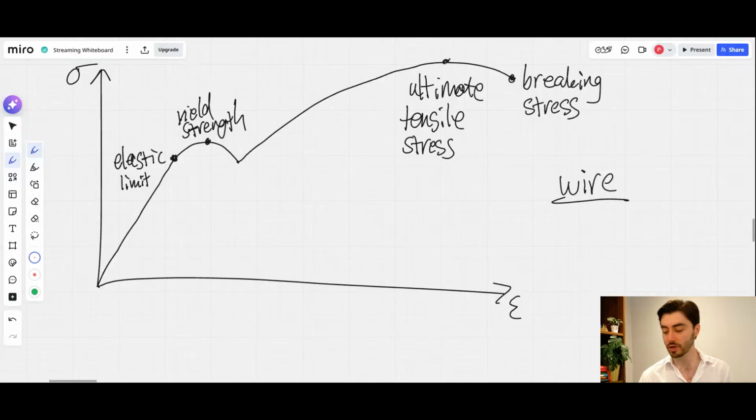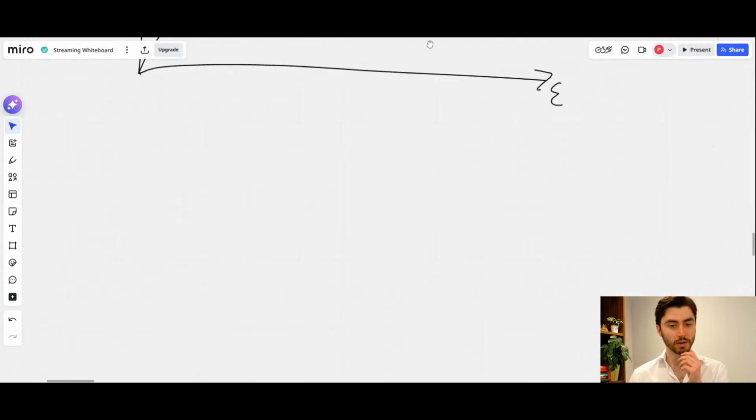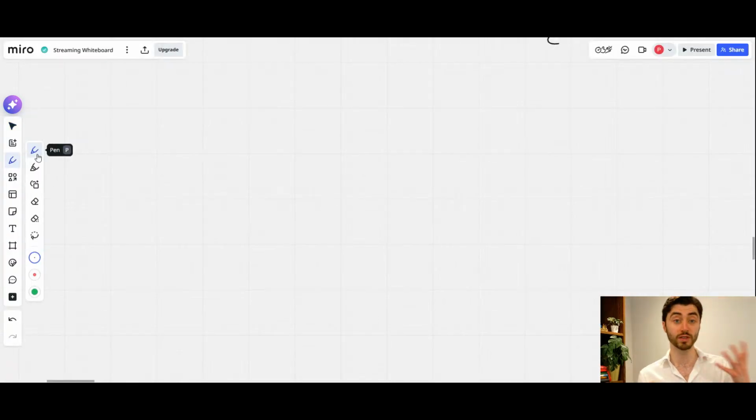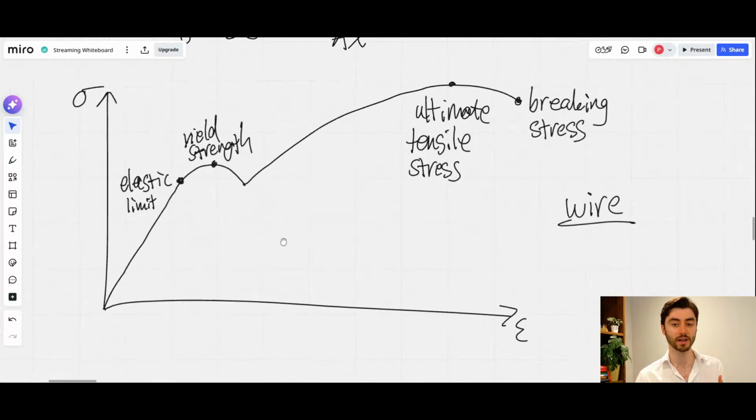But these words do start to mean something very specific. So for instance, brittle starts to mean something very particular. So we can talk about different types of things. We can talk about brittle versus ductile, for instance. So ductile, I would describe this as ductile.